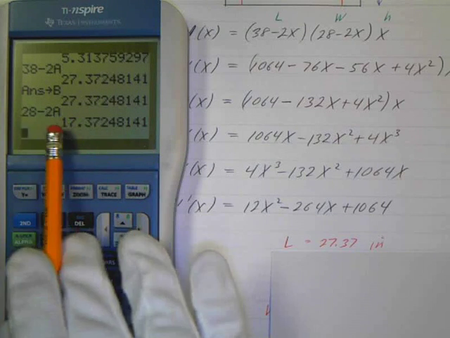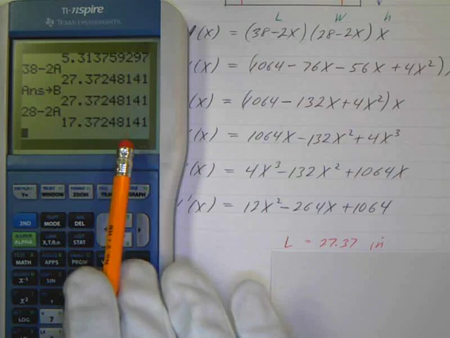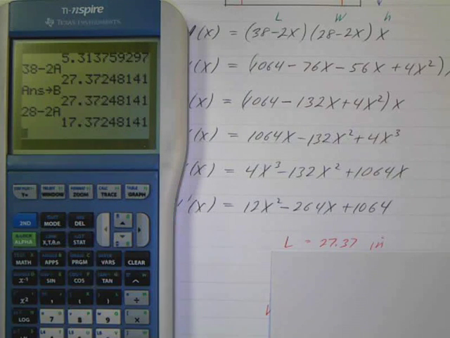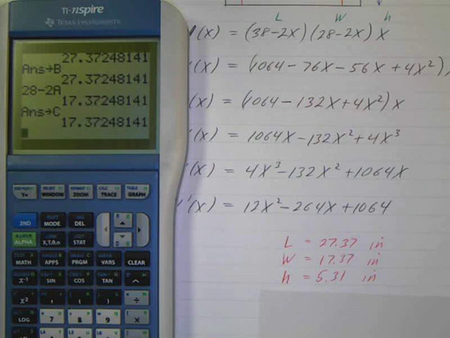Now I could multiply, this is the width, I could multiply it by the height and the length, alpha A and alpha B, and I would get the volume. Or I could just store it in alpha C and then multiply the three. So sometimes it's a little bit easier to see that. So I'm going to store alpha C. Enter. So those are my dimensions. There's the length, the width, and alpha A, which is the height.